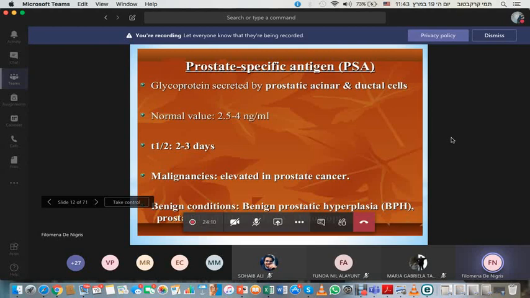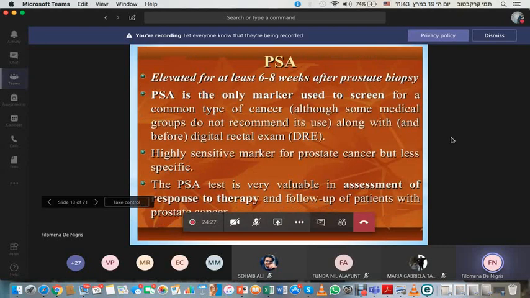We have to wait 2 or 3 days after the start of treatment and monitor again the change in PSA to verify if the patient is responding or not to treatment.